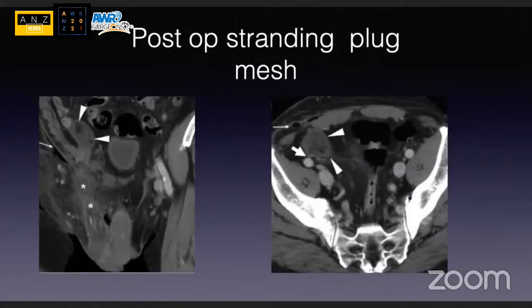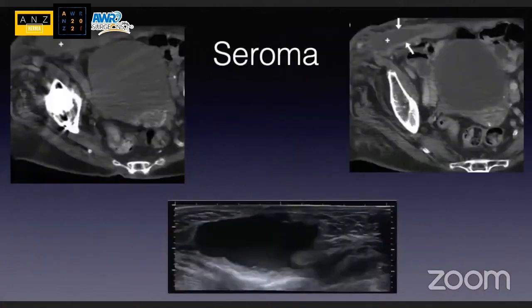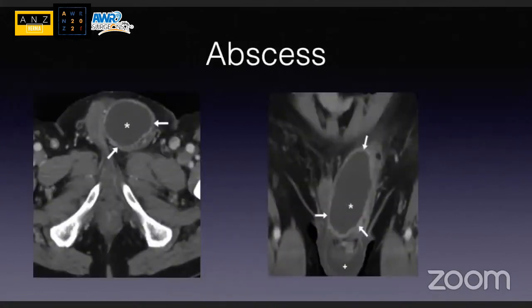You can sometimes have a little rounded area of stranding, particularly with a plug mesh. Again, this is also something that would resolve over time. As opposed to a seroma, which is not as common as after an incisional hernia repair, but it's still seen. Ultrasound is very good at characterizing the seroma, whether this is benign, whether it's septated or not, and these can be aspirated or drained.